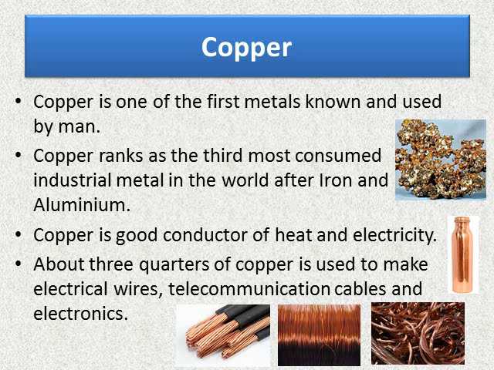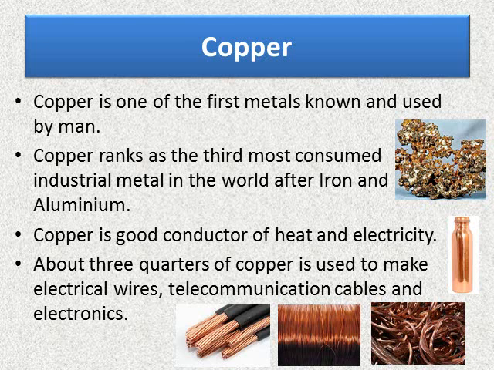Copper ranks as the third most consumed industrial metal in the world after iron and aluminium. So the first one is iron, then aluminium, then you have copper, which is among the most consumed metals in the industries. Copper, as any metal, is a very good conductor of heat and electricity. It allows heat and electricity to pass through it very easily without much resistance.